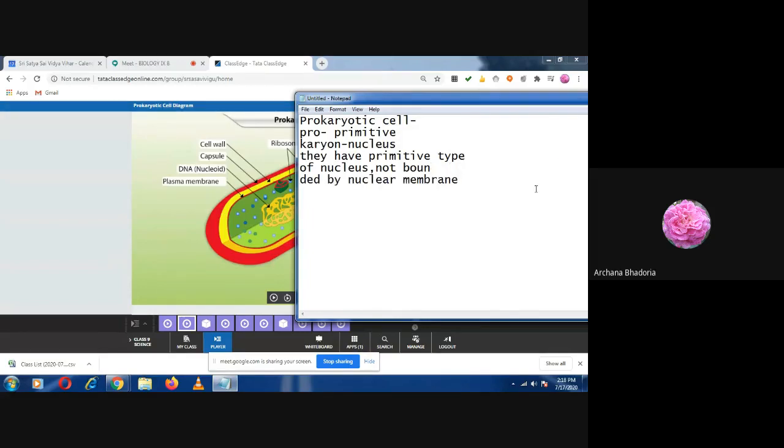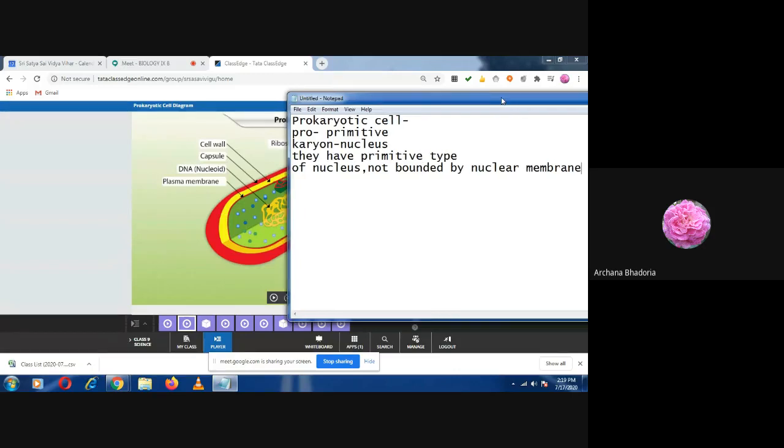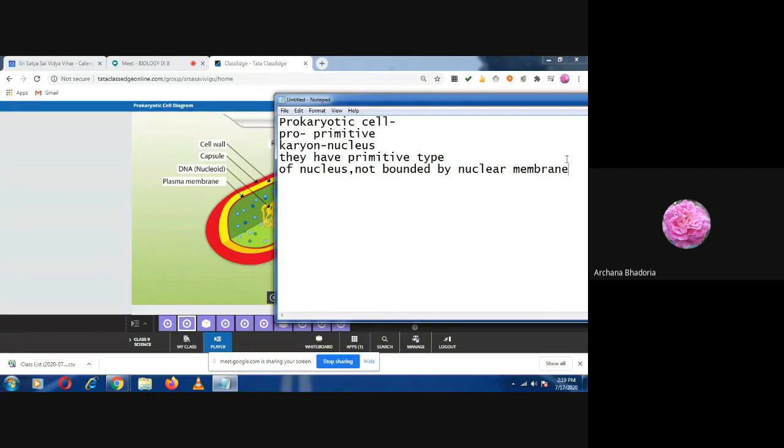Then next feature you write down. Noted this feature?